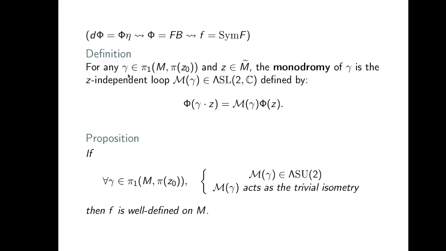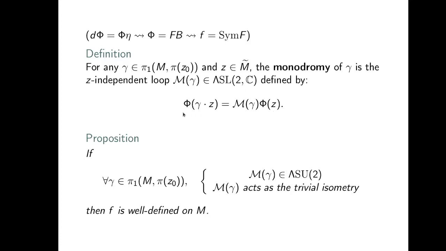Take a closed path gamma in M with base point pi of z0, and take any z in the universal cover M tilde. Then the monodromy of the closed path gamma is a z-independent matrix M of gamma depending on lambda with value in SL2C, defined by the following formula.